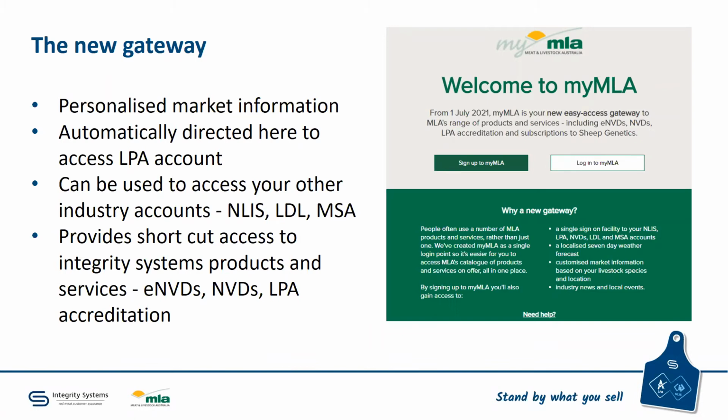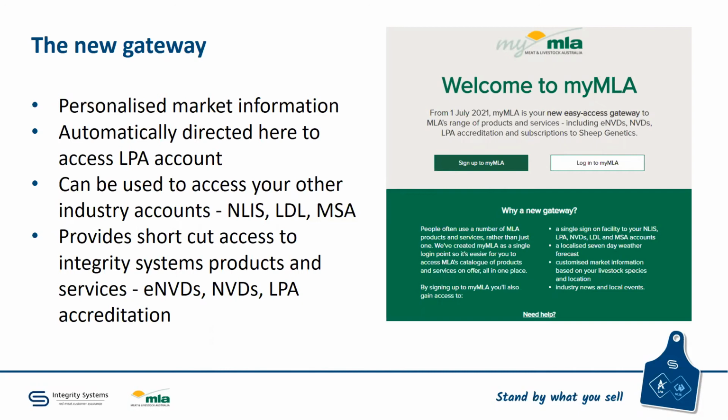Part of creating a myMLA account is that you are going to be able to access personalized market and other information, such as weather and reports. When you're trying to access your LPA account, you will automatically be directed to here. So if you've got an old URL to log into LPA and you try and use that web address, this is where you're going to end up.